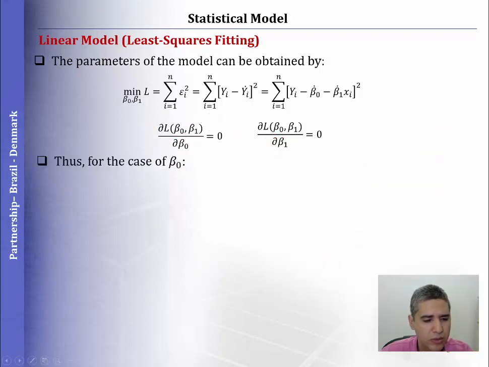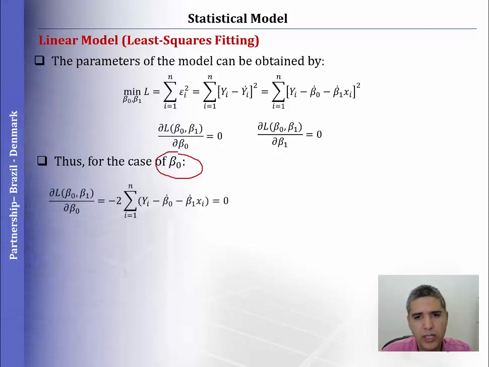Okay, so first of all, we need to start by computing the derivative of this function with respect to beta 0, and this is 2 multiplied by this function, and we need to compute the derivative of this function with respect to beta 0, which is minus 1.